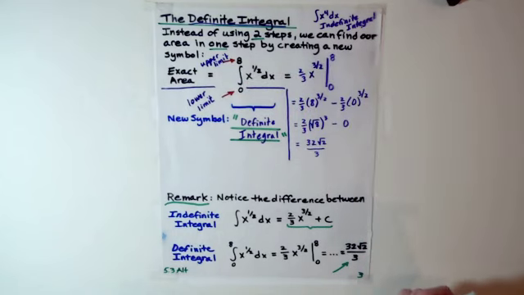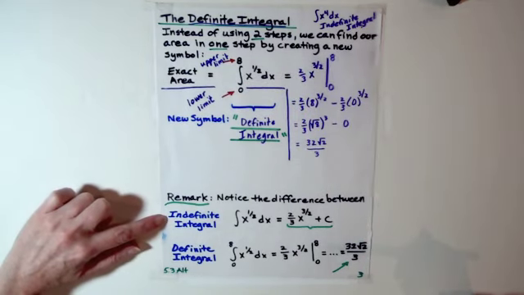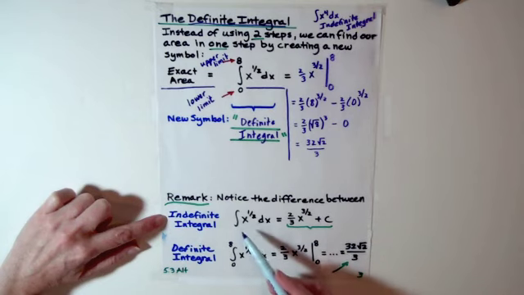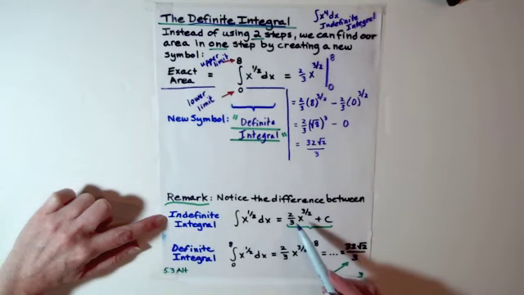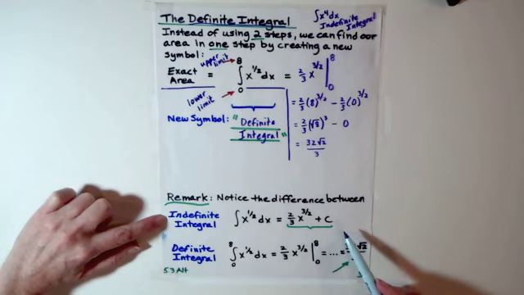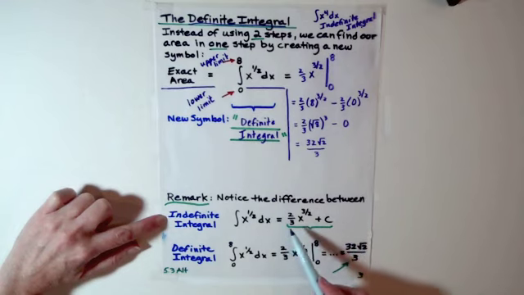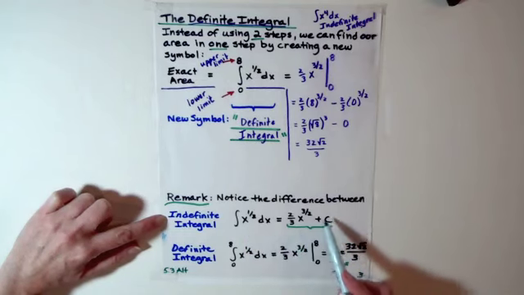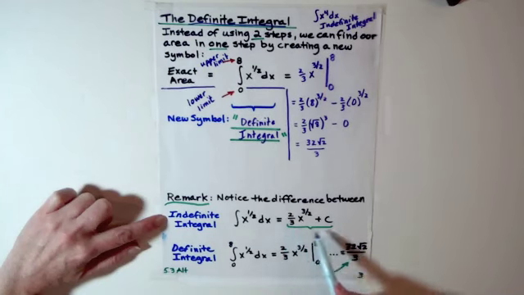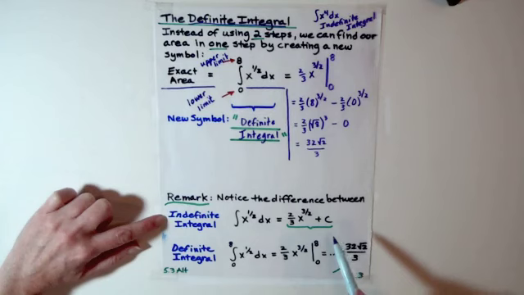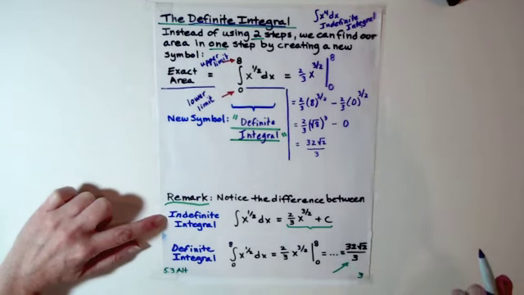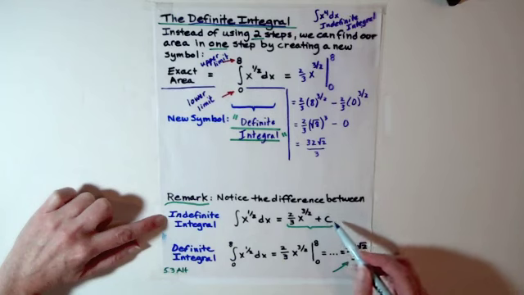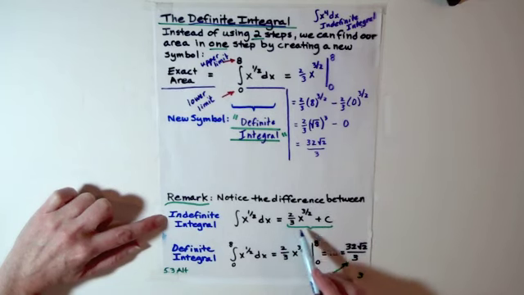If I looked at the indefinite integral of x to the 1/2 dx, remember we got 2/3 x to the 3/2 plus c. That was our answer. It was the set of all antiderivatives of x to the 1/2. And I want to remind you that the type of answer you get here is really functions. It's really an infinite number of functions because you could add any c value onto there.